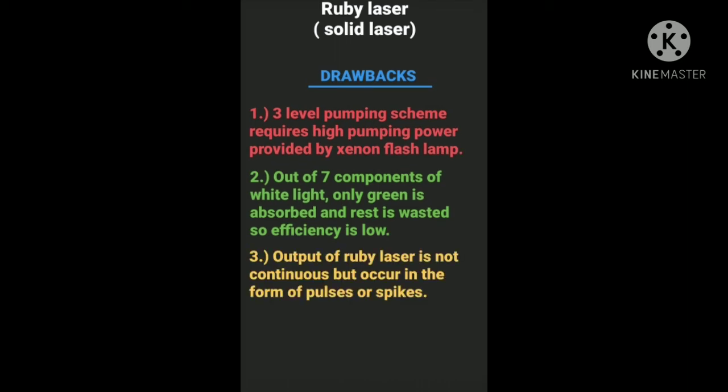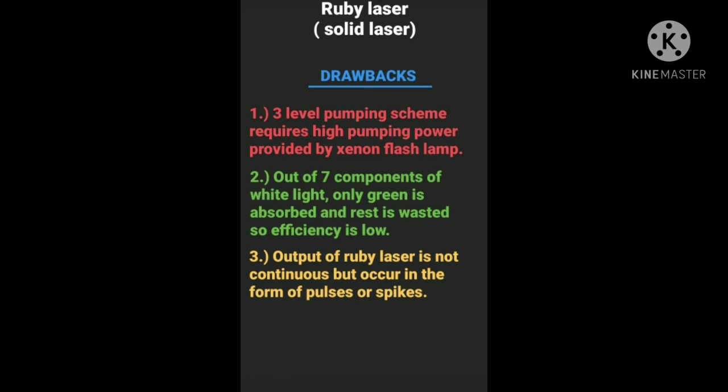The third drawback of ruby laser is that the output is not continuous but occurs in the form of pulses of short duration, or spikes, because the xenon lamp can't give continuous light. So laser output occurs only when population inversion is produced by the flashes of the xenon lamp. I hope you are getting my point: there is population inversion only when there is a flash of light.